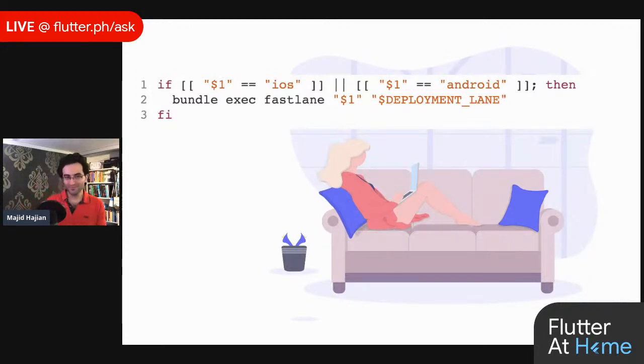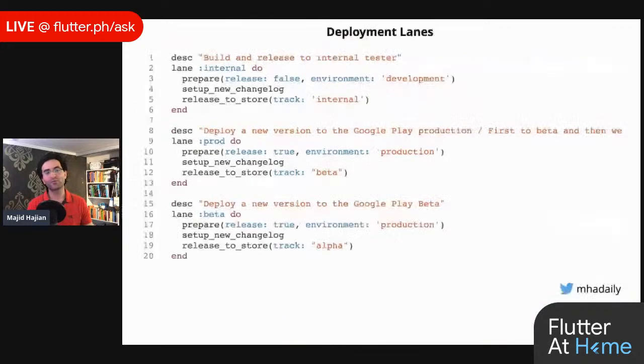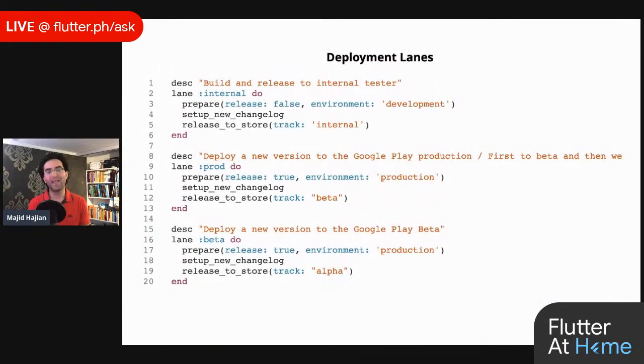Very simple. Just call Fastlane, whatever you are running, be it iOS or Android, and the deployment lane. And here we go. You just run your lane simply as this function. You pass these arguments via your CD/CI or maybe on your local machine, and it goes through this process and does everything that you wrote as a function or a script here.